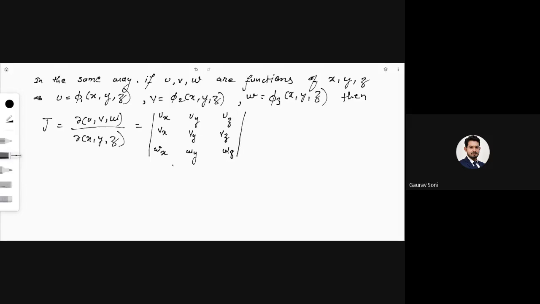Now my question is, can I define this as ux, vx, wx, uy, vy, wy, uz, vz, wz? Can I say that this is equal to the Jacobian?